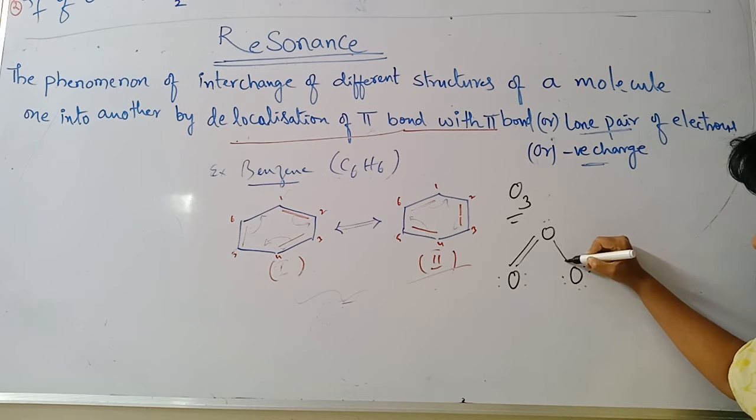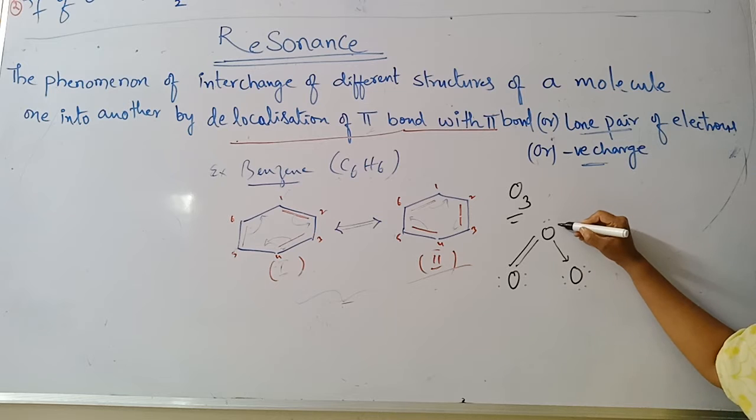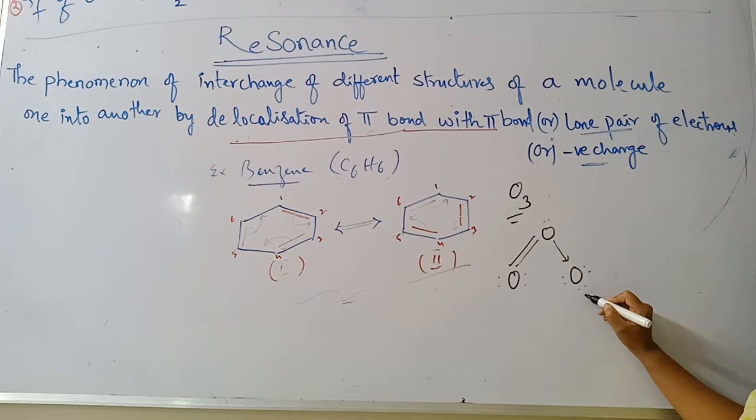So between this second oxygen and third oxygen a coordinate covalent bond is formed, where second oxygen is donor, third oxygen is acceptor.